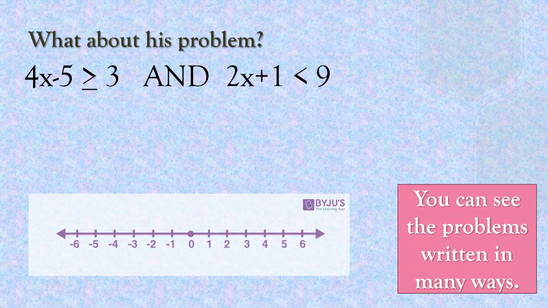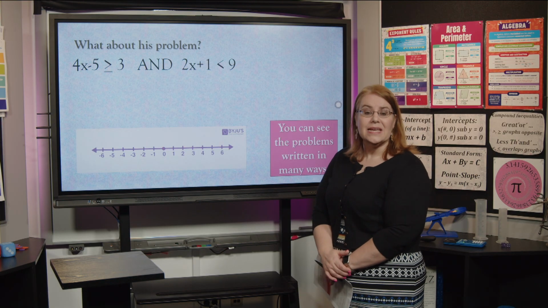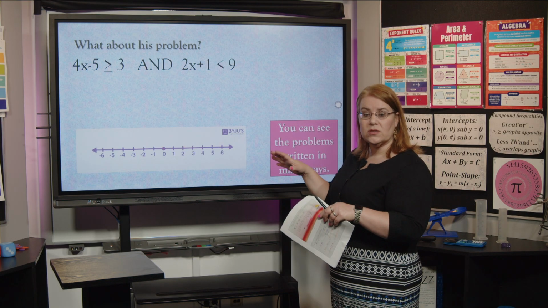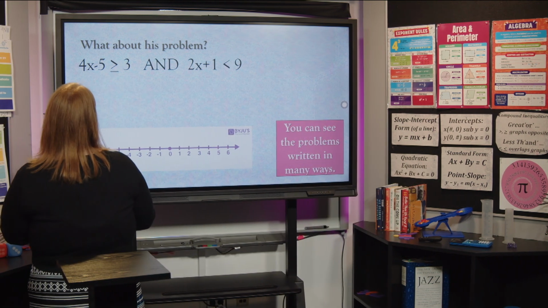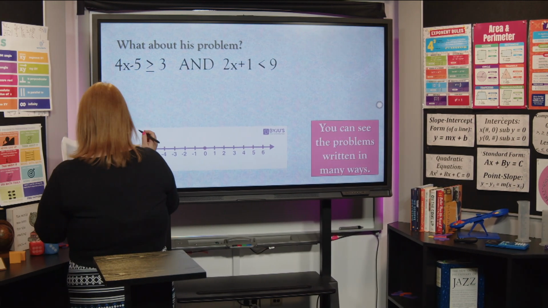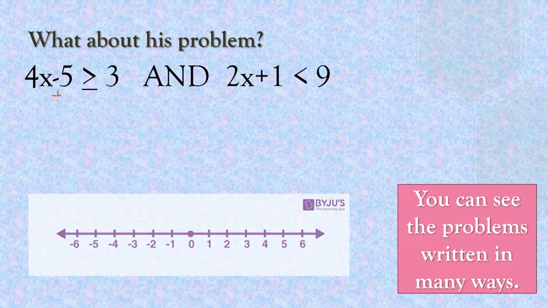What about this problem? 4x minus 5 is greater than or equal to 3, and 2x plus 1 is less than 9. So let's go ahead and work these and see what we get, and then we can go to the graph. So here we go. All right, so the first thing I'm going to do is get my variable by itself. So I'm going to add 5 to both sides.